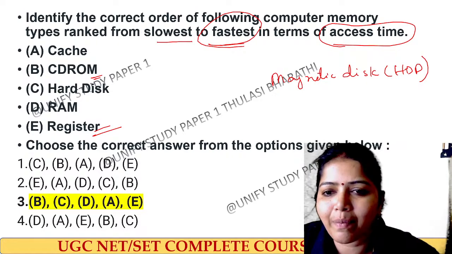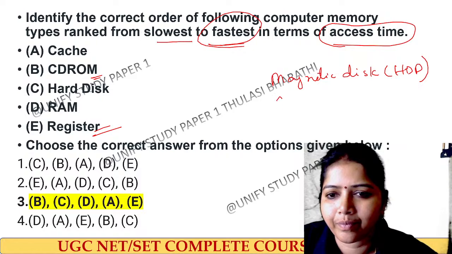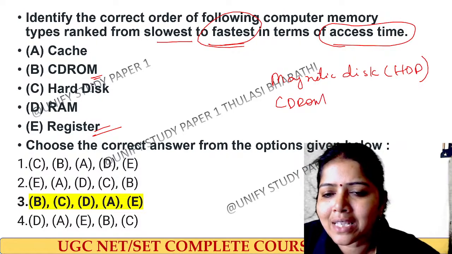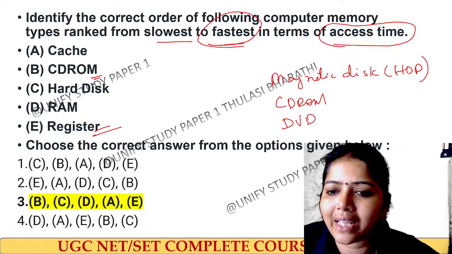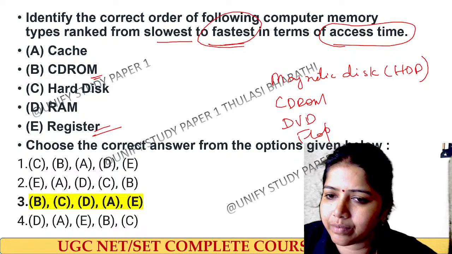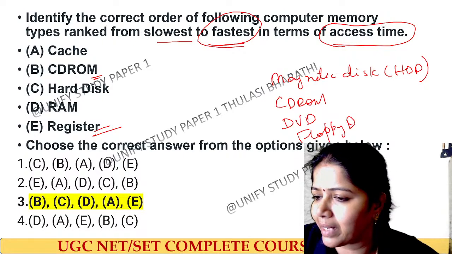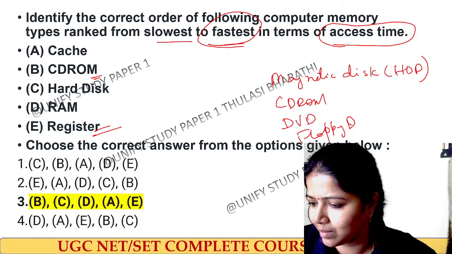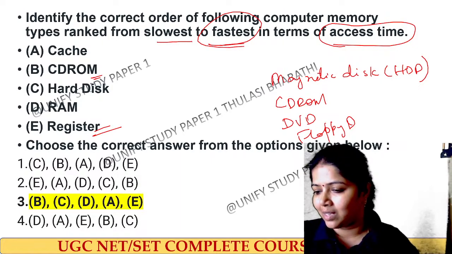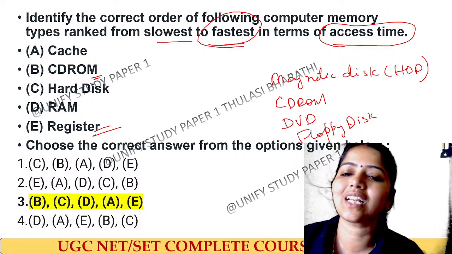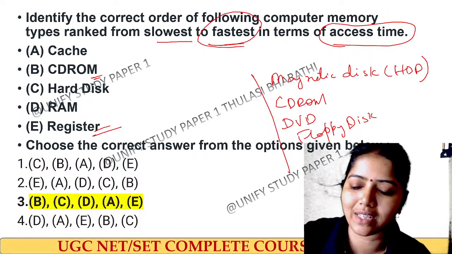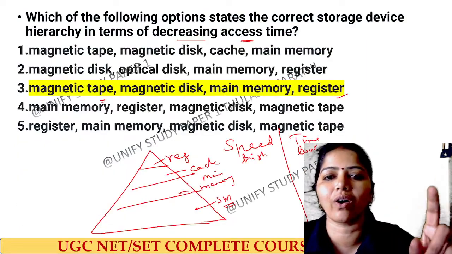Then next we will have the CD-ROM, and then next the DVD, and then next the floppy disk. Am I clear? Is this question clear or not? I purposefully made this question to make you understand the concepts.